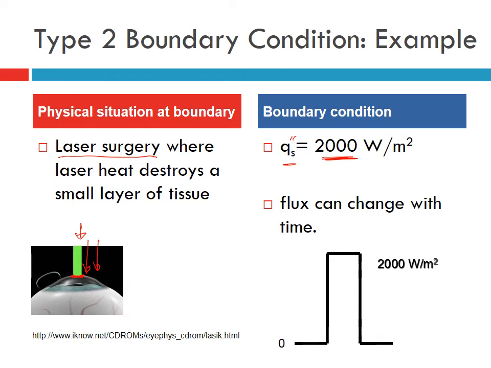Of course, the flux can change with time. As you turn on the laser, it will be 2000. When you turn off, it's going to be 0. So it can change with time, but it is the flux that is given, not the temperature. We don't know the temperature. The temperature will keep changing depending on how long you have the laser on, but it's the flux that is given.